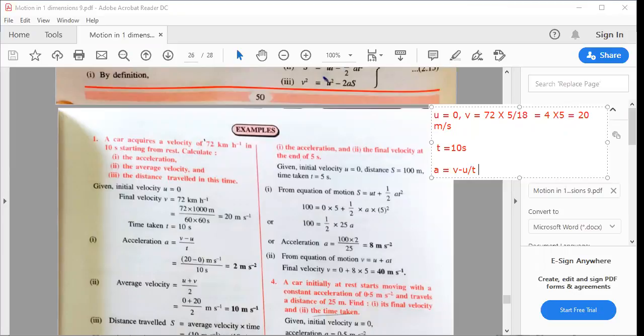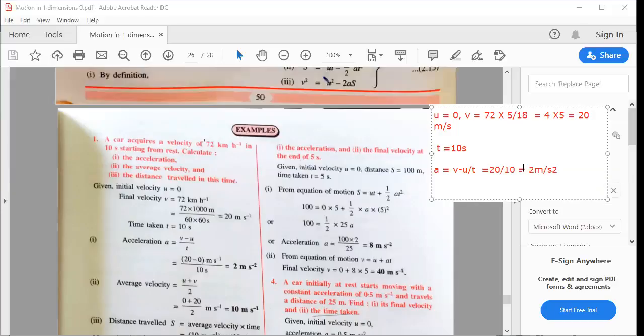Now u is 0. So what will be v? v is 20 upon 10. So now this will be 2 meters per second square. Yes, 2 meters per second square. So you get the answer, acceleration.